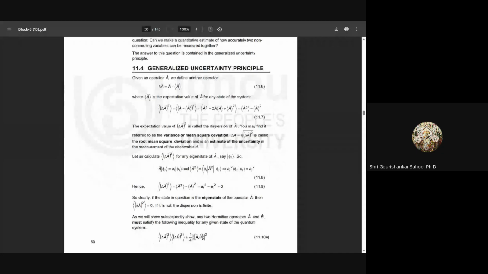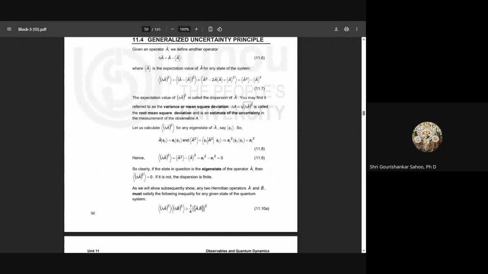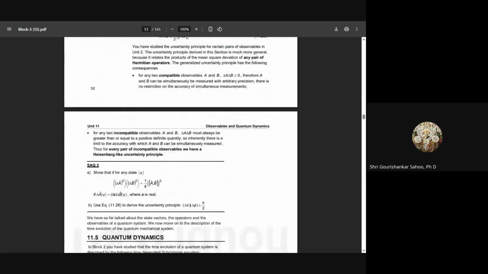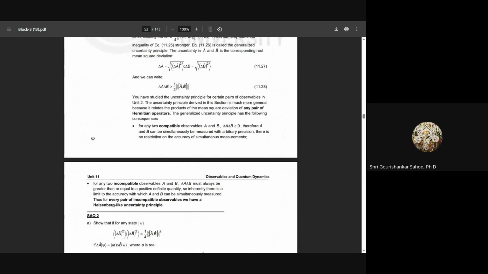Then the generalized uncertainty principle, which I have already discussed in the Schrodinger picture. In the Schrodinger picture, we defined the uncertainty principle as: you cannot measure with precision and accuracy two canonically conjugate variables.